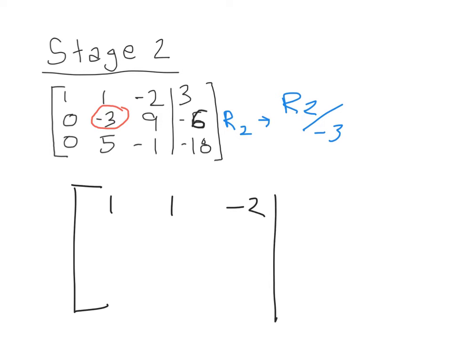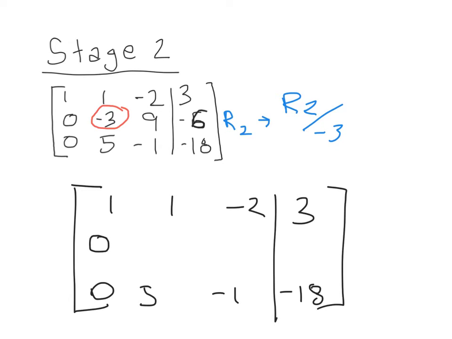So our first row and our last row won't change at all in this step. And our second row, every element will be divided by -3. So 0 over -3 stays 0. -3 over -3, there's that 1 that we want. 9 over -3 leaves us with -3. And -6 over -3 leaves us with 2.